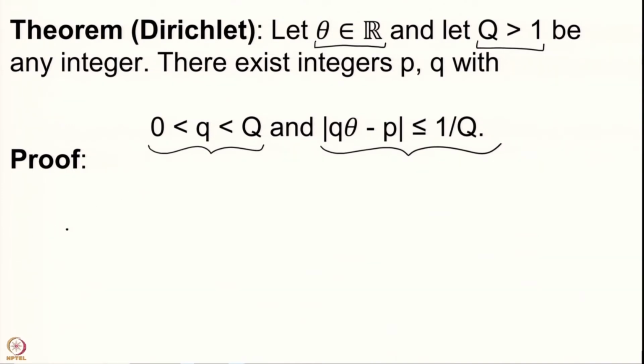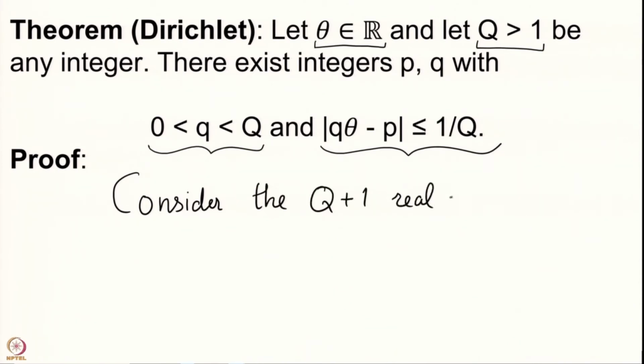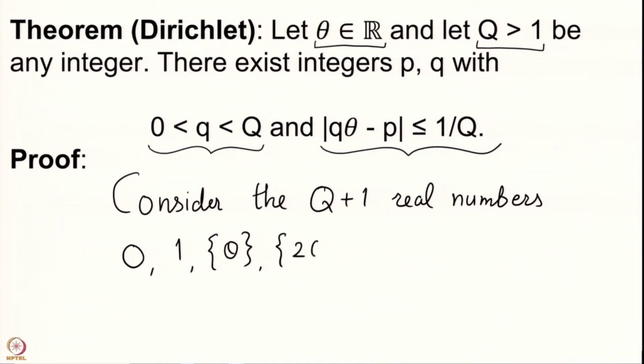So, this proof involves one small trick. Consider the Q plus 1 real numbers 0, 1, fractional part of theta, fractional part of 2 theta, so on up to fractional part of Q minus 1 into theta.